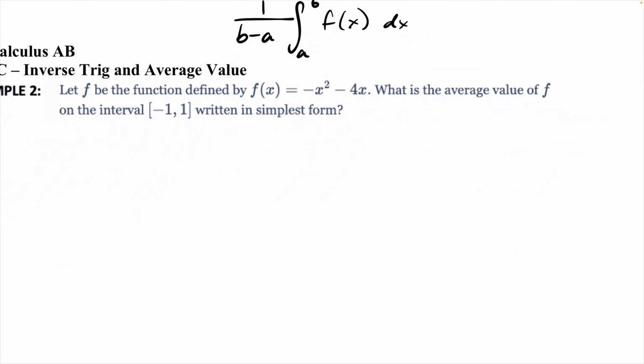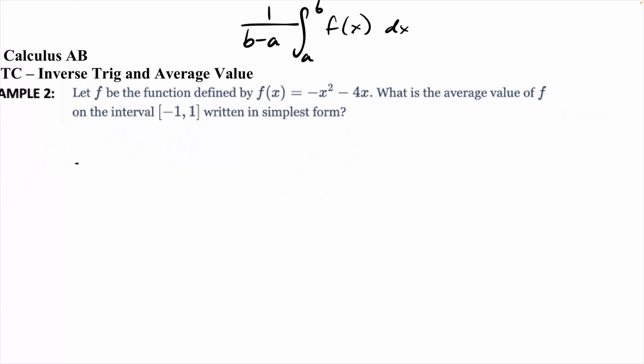So first, let's set this up. What is the top bound? 1. What's the lower bound? -1. So it's going to be 1 minus -1 in the front.